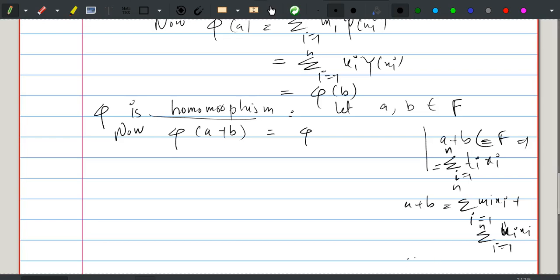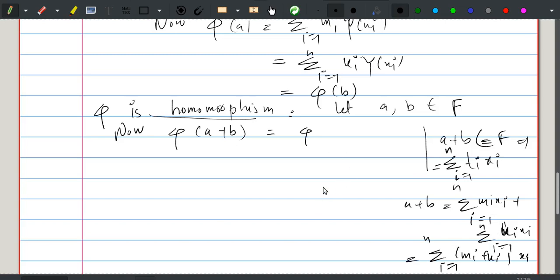This is the same as sigma i runs from 1 to n of mi plus ki, xi. Now since each element in F has a unique expression, these ti's will be equal to mi plus ki. So by setting these things in this equation we are done.